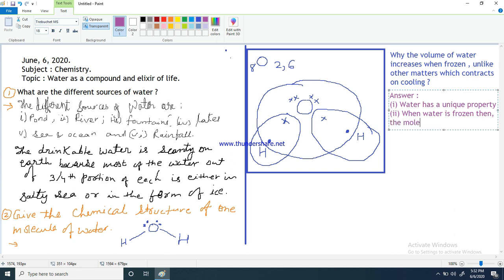the molecules come closer and show maximum density at 4 degrees Celsius.